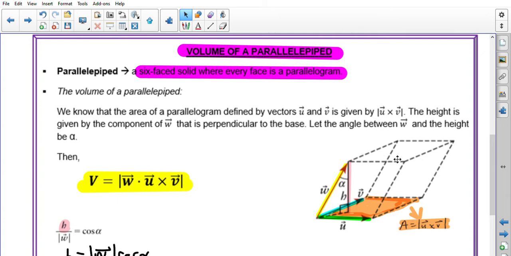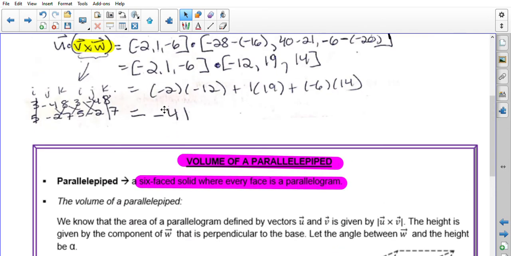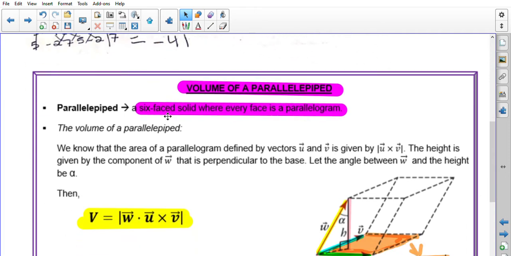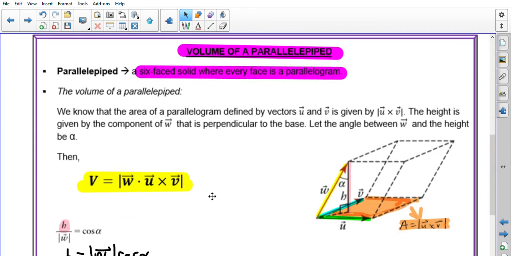All right, so here's a parallelepiped. So the significance of the triple scalar product is that the magnitude of this answer, so we see here, we can get a negative or a positive answer, right, from the dot product. If we just look at its magnitude, it actually turns out to be the volume of this shape, okay?